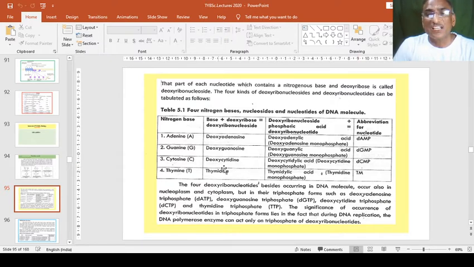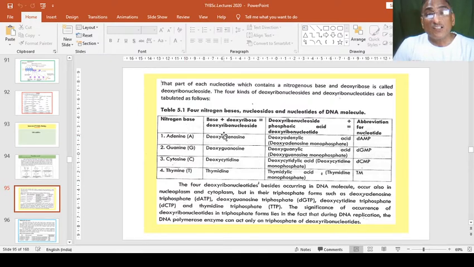In this way the names are symbolized. And finally thymine is simply thymidine and thymidylic acid, or thymidine monophosphate, or simply TMP. So these are the four nitrogen bases.